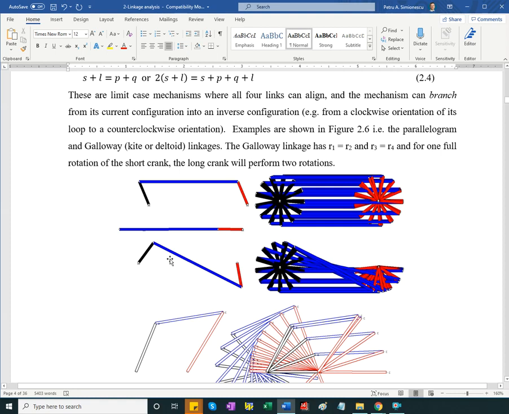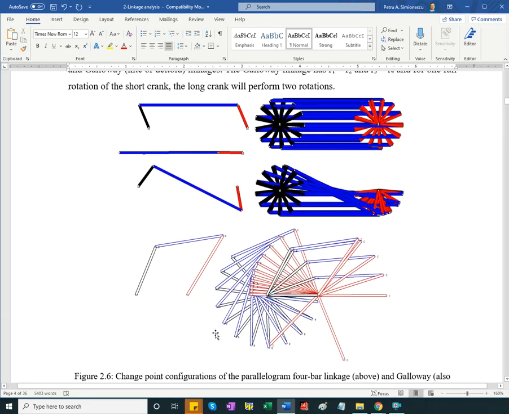Or it can flip, and I can have continuous rotational input, but the output oscillates. With the deltoid or Galloway mechanism, the blue and the red link are equal, the dark link and the ground link are equal. This mechanism has the unique property that I can perform 2 rotations of the shortest link, and the crank does just 1 rotation.